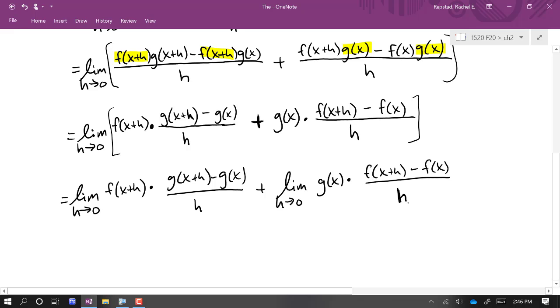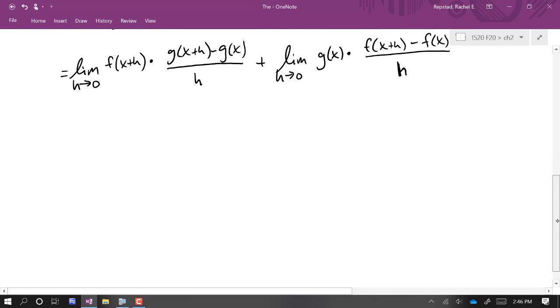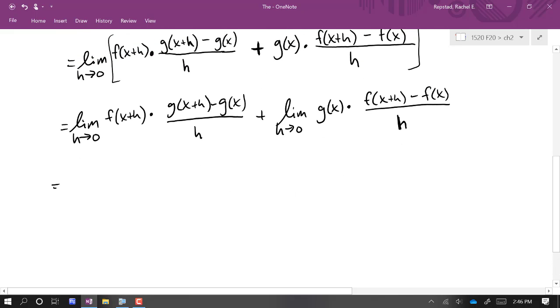And not only can we split up a limit over addition, but we can also split up limits over products. That's how we evaluate a lot of things. We just say, okay, what is this piece going to as h approaches 0? Or what is this piece going to as x approaches 2, or whatever the limit is that we might be finding. So now I'm going to split up and have a bunch of limits written out.